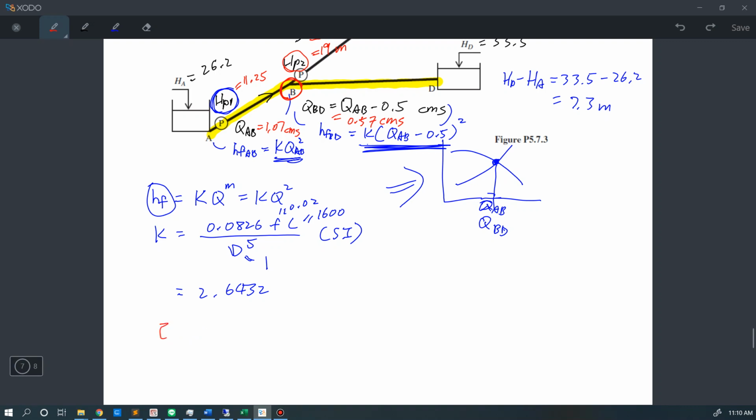Okay, let's start again. The energy at the junction B will equal to the energy at reservoir A plus the energy provided by pump 1 minus the friction losses.